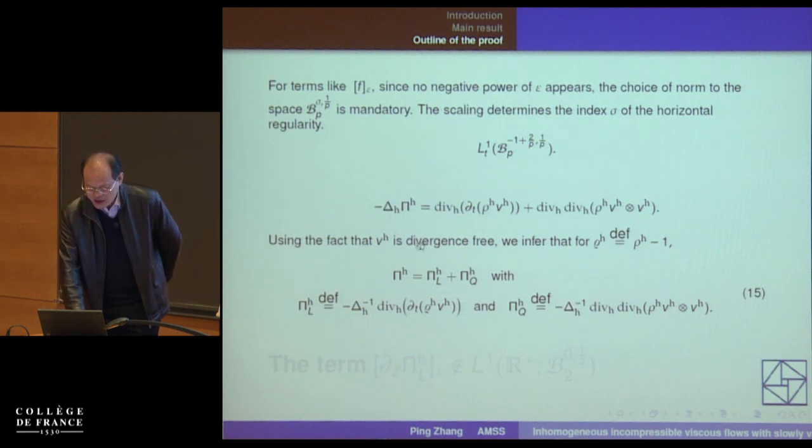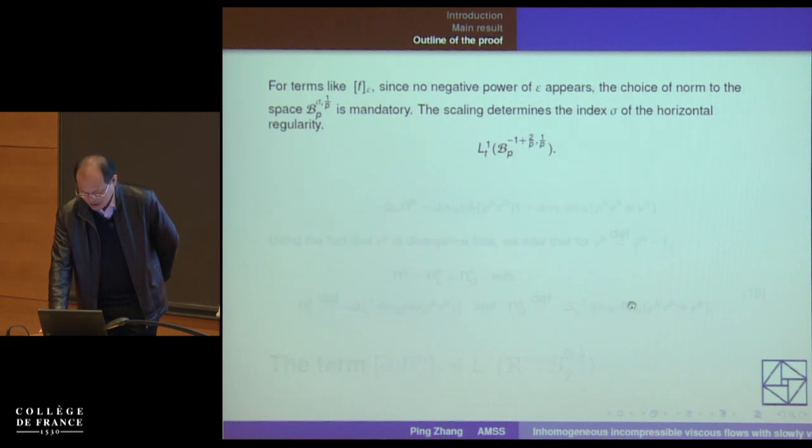Because of the divergence-free condition of this v_h, you denote rho_0h equals rho_0h minus 1. Then we find this pi_h can be split as pi_Lh plus pi_Qh, where pi_Lh equals negative Laplacian_h inverse divergence_h partial_t rho_0h v_h, and pi_Qh equals this.